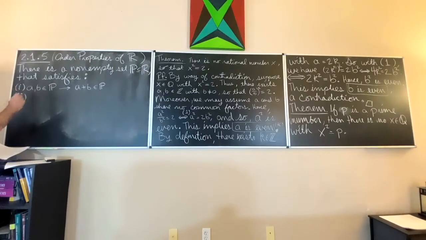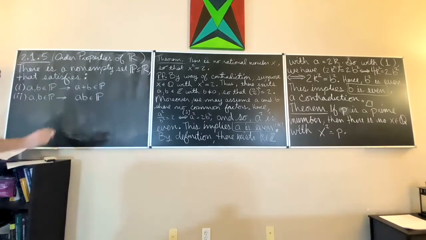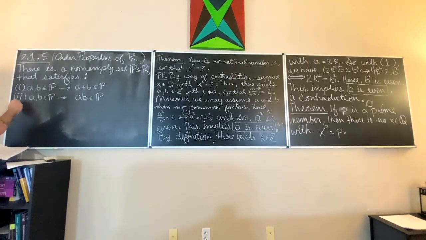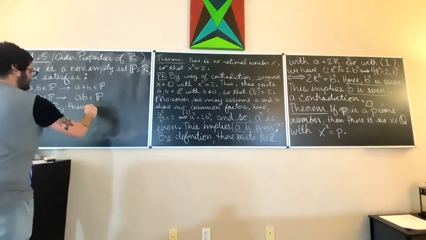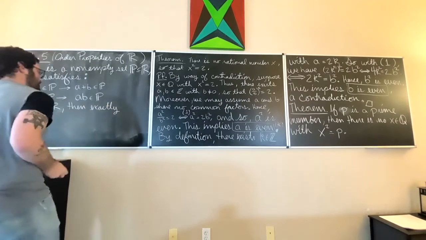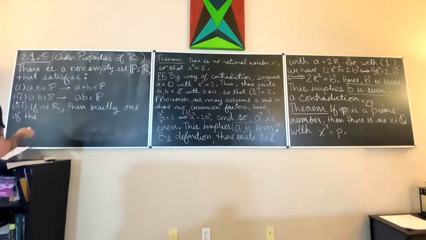Part 2: A and B in P implies A times B is in P. And then part 3: if A is a real number, then exactly one of the following properties holds.